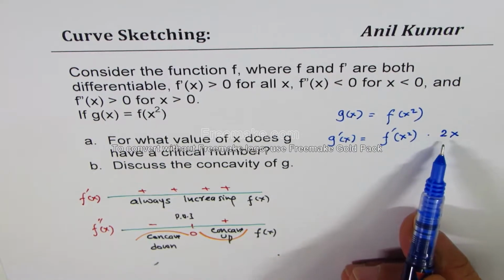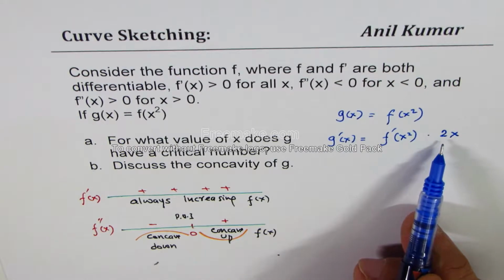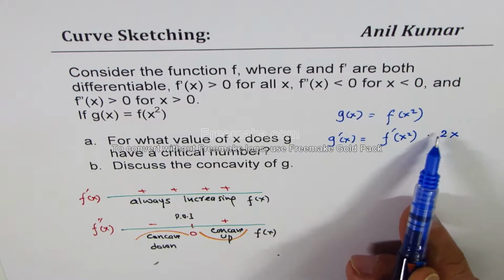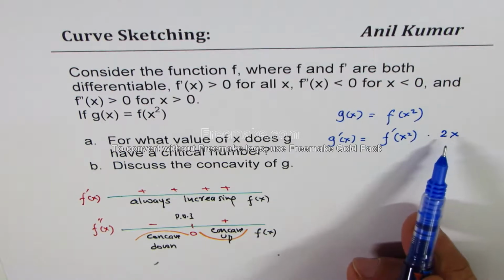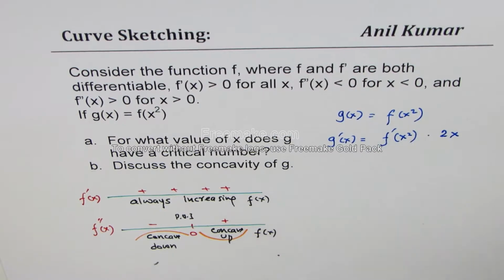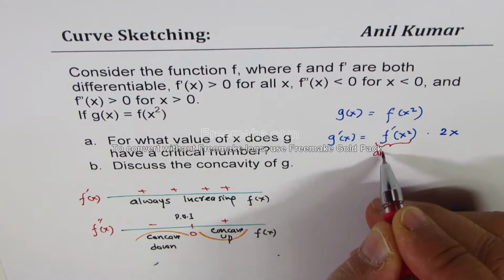Now as soon as you get x in the terms, g of x is no more always increasing. This is important to understand because when x is negative, this function will be negative. Now, the first part here, derivative, is positive. So this part is always positive.